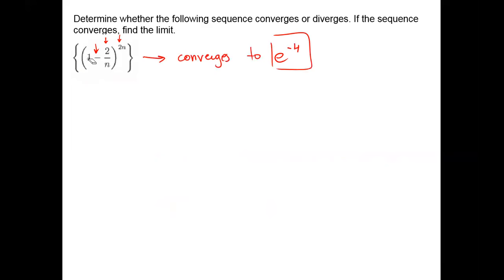That means this should be addition. I can now write this limit as n goes to infinity of 1 plus negative 2 over n, to the power of 2n. That means negative 2 times 2.